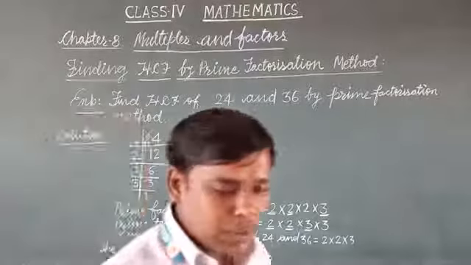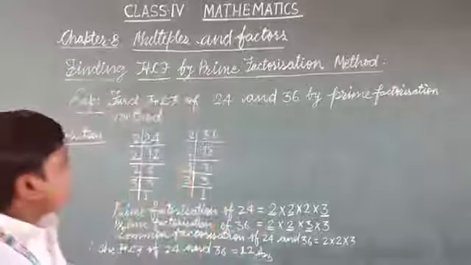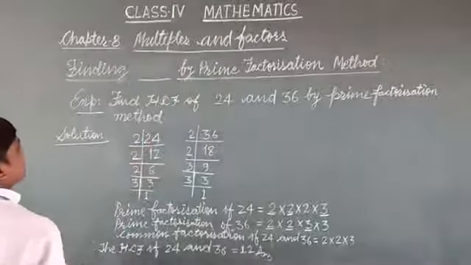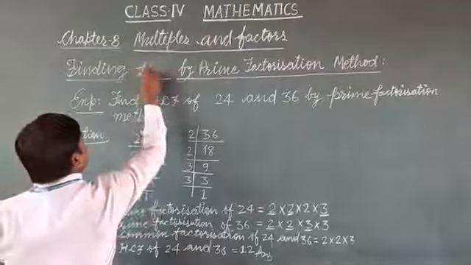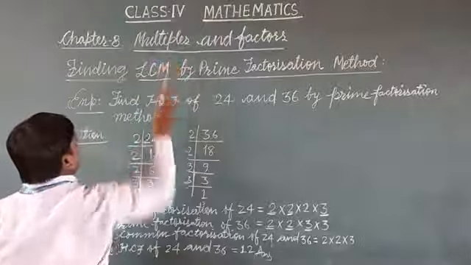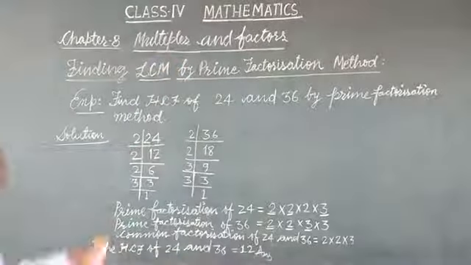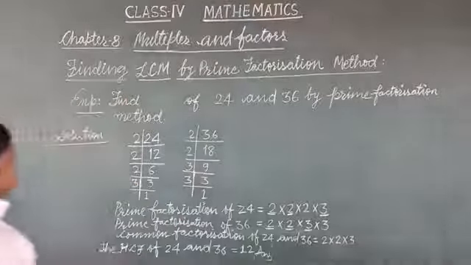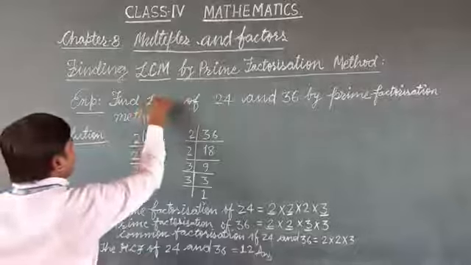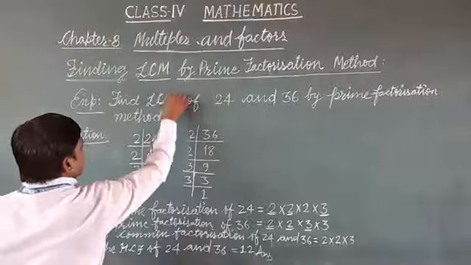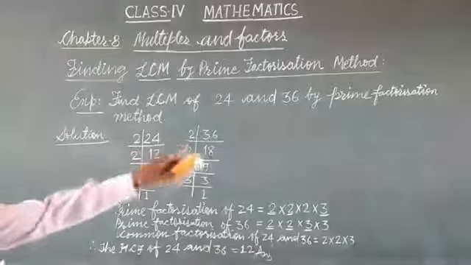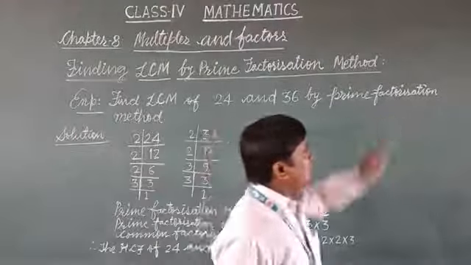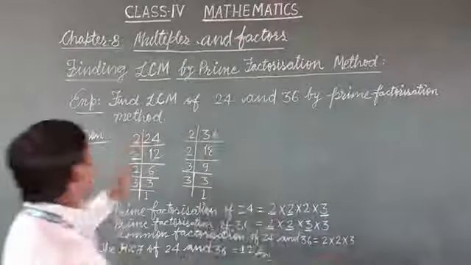Now I am going to tell you LCM by prime factorization method. Finding LCM by prime factorization method. So I am writing here, find LCM of 24 and 36 by prime factorization method.